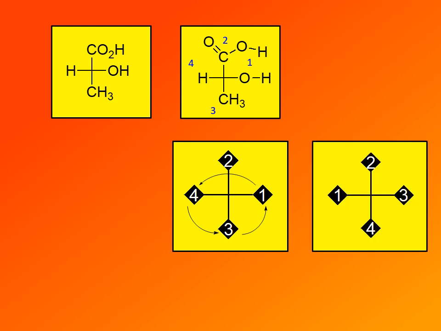And this is the new arrangement. So you can see that substituent 4 is now on a vertical bond, and that means we can now ignore it. So substituents 1, 2, 3 make clockwise array, and that means that this is R enantiomer. And I already mentioned, trivial name is lactic acid, so this is R lactic acid.